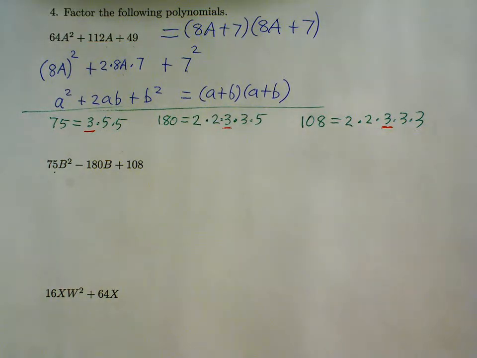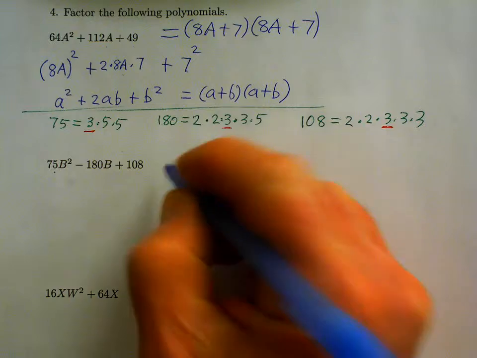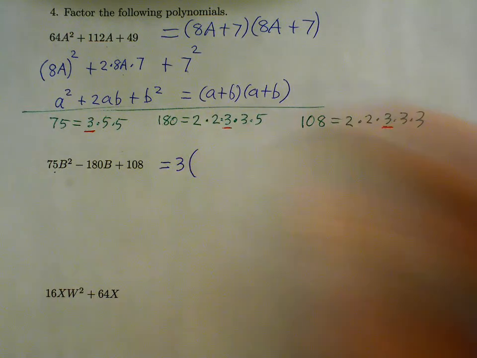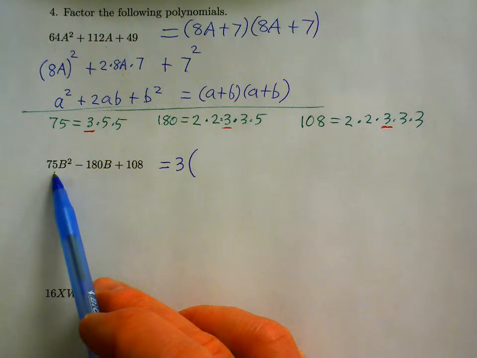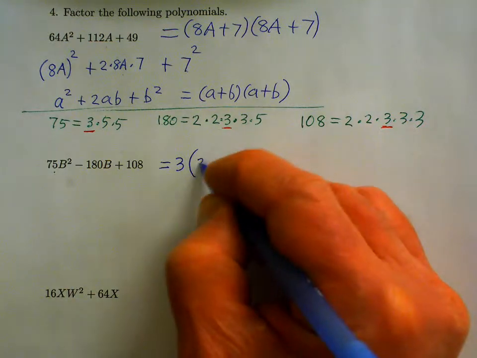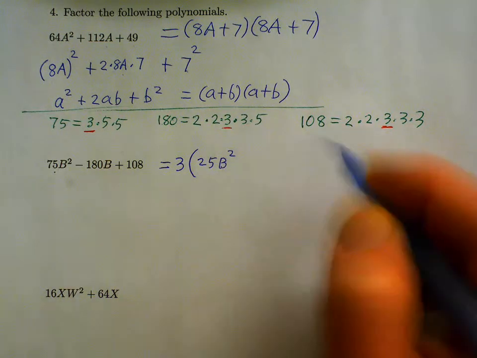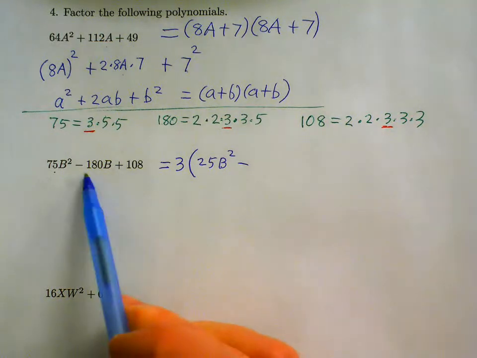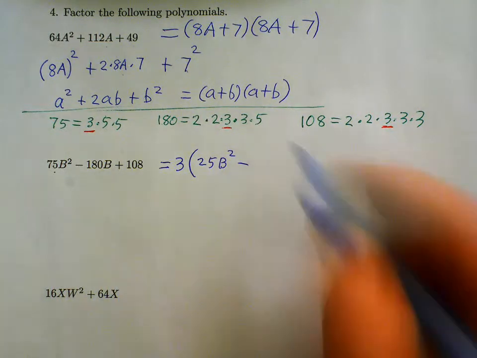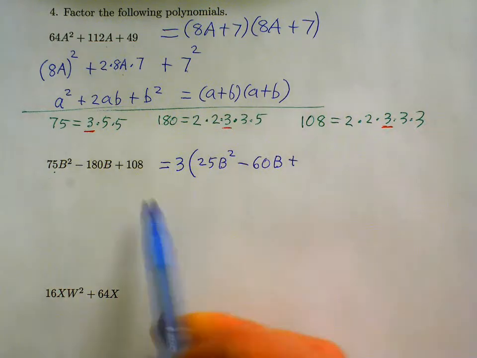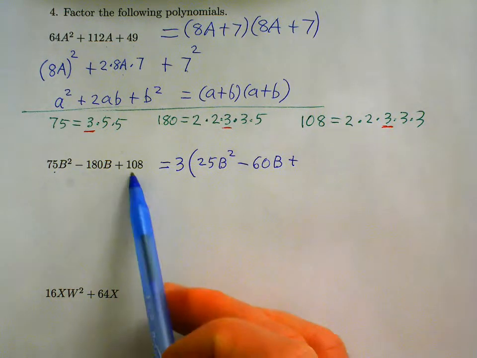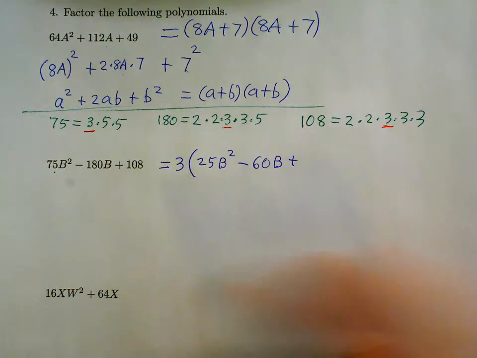So the greatest common factor is 3. Okay, so we have to factor 3 out of all 3 terms first. So 3 goes into 75b to the second, 25b to the second times. 3 goes into minus 180b, minus 60b. And 3 goes into 108, 36 times.